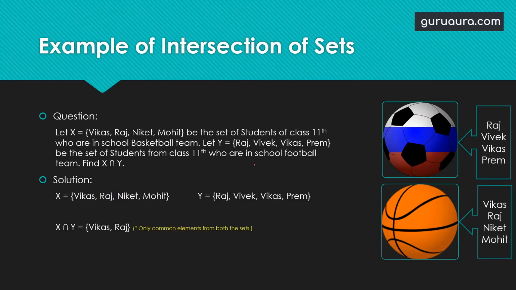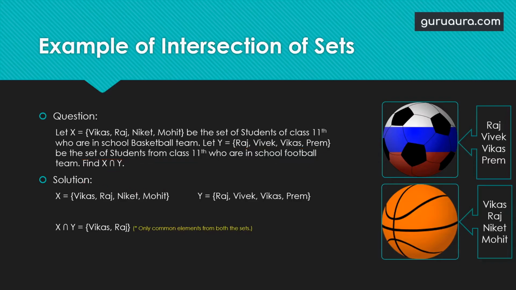Now let's understand intersection of sets using the same previous example. So here X contains the elements Vikash, Raj, Niket, Mohit, the set of students of class 11 who are in school basketball team. And the set Y consists of the elements Raj, Vivek, Vikash and Prem, the set of students from class 11 who are in school football team.